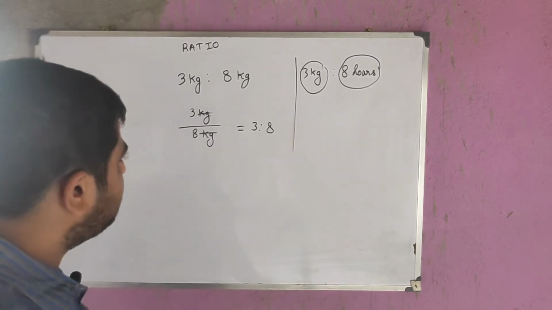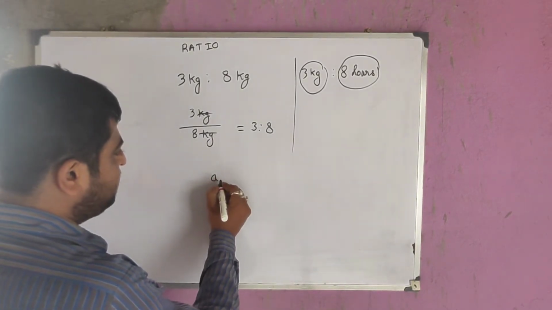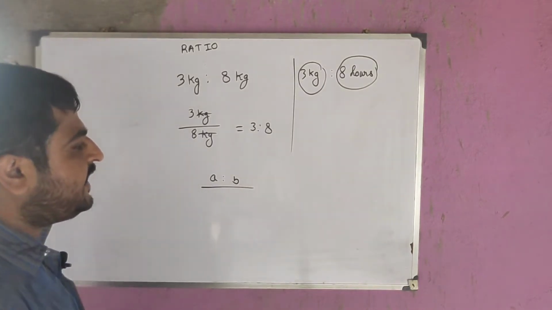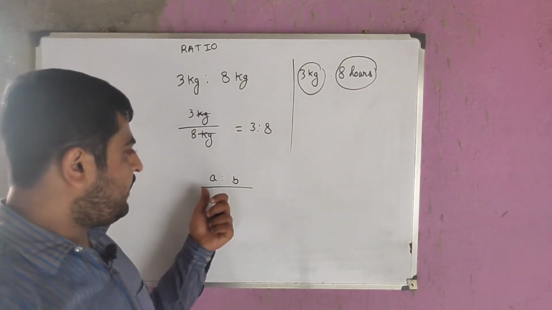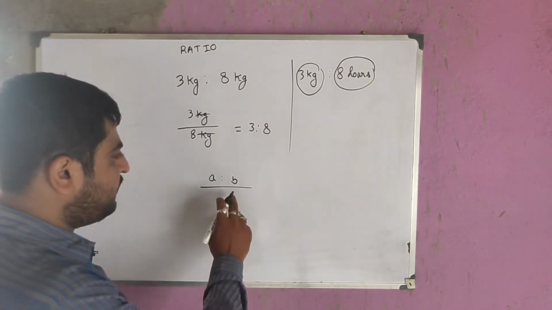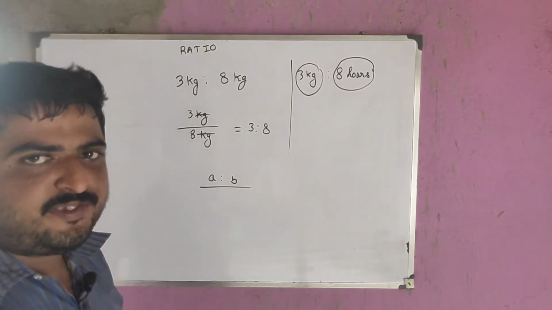Now a ratio of two quantities is represented in this form: A is to B, where A is called the antecedent and B is called the consequent.